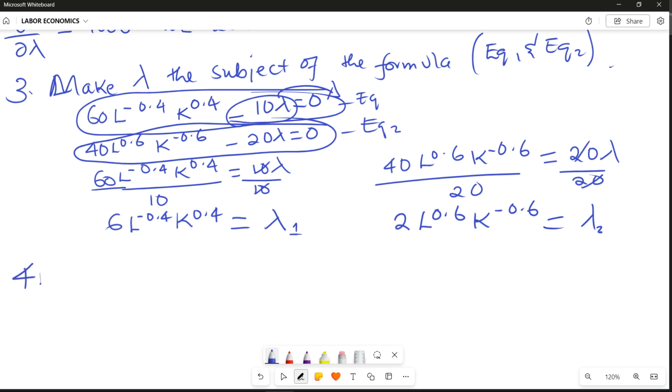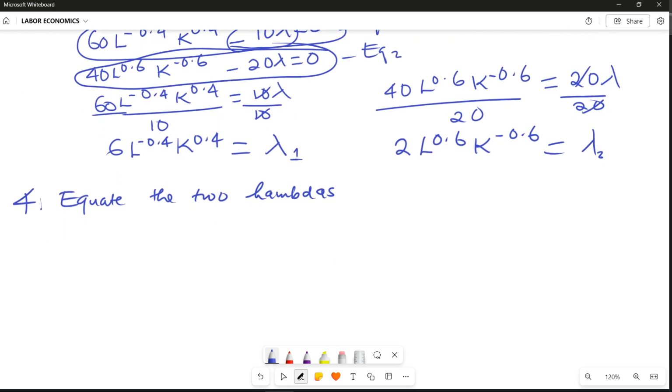Step number 4, equate. So equate the two lambdas. Can we equate the two lambdas? Remember, we've got lambda 1, this one, and lambda 2, that one. Yes, we can. So lambda 1 should equal lambda 2.